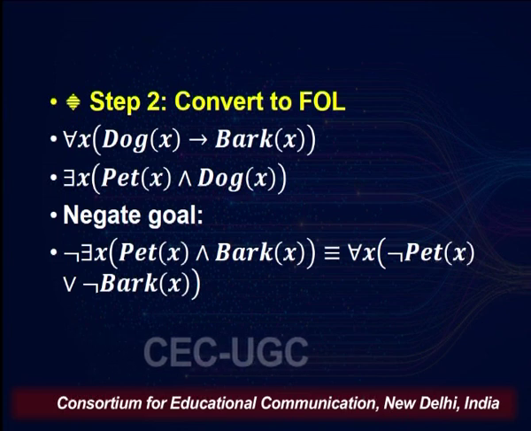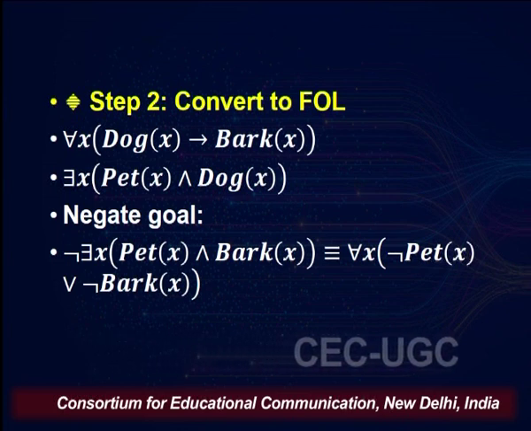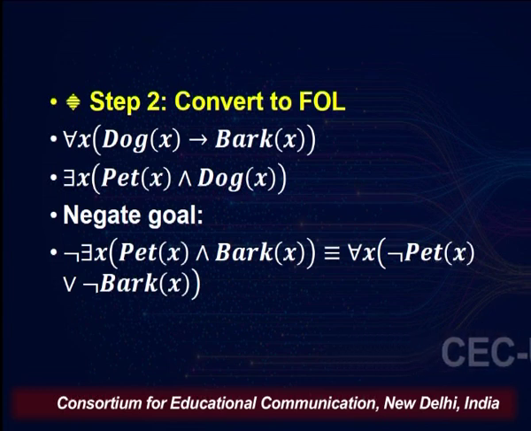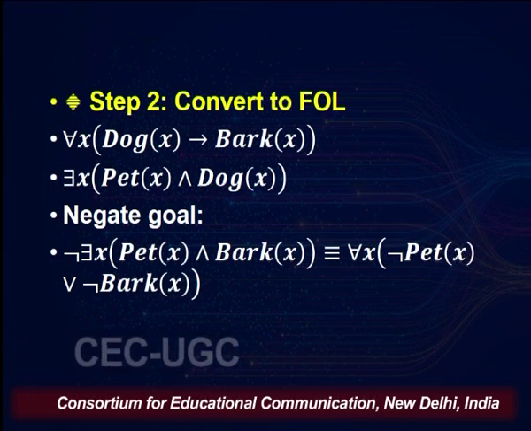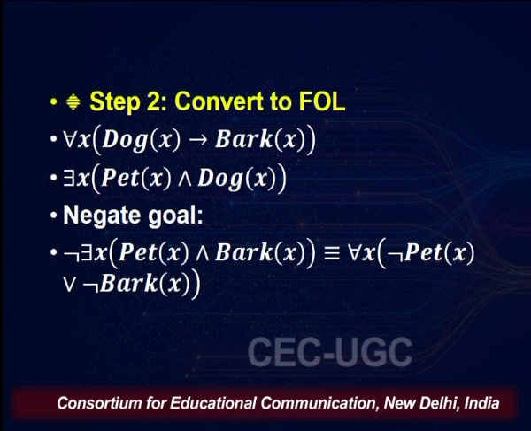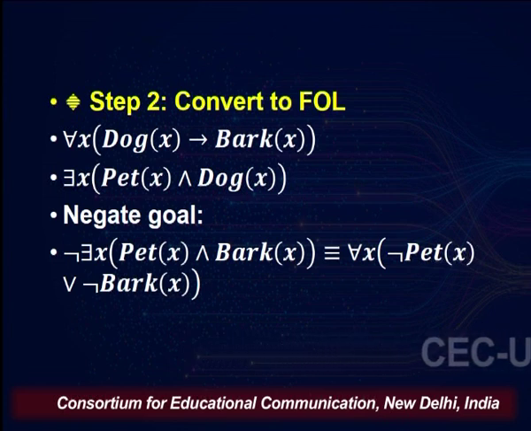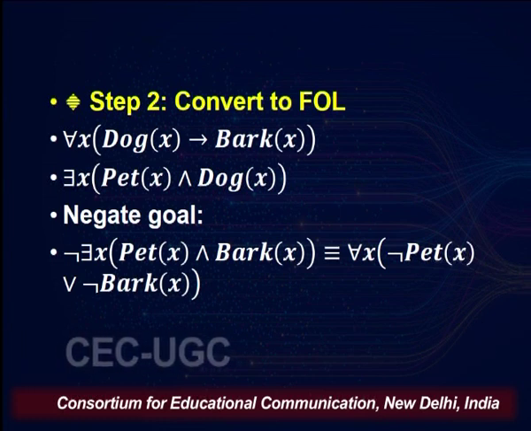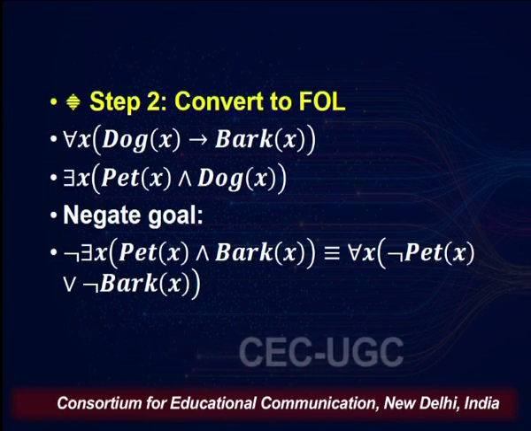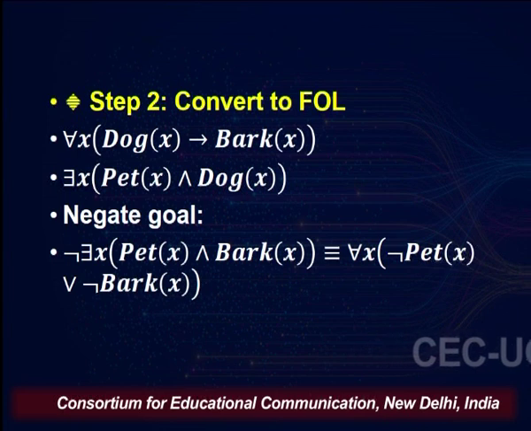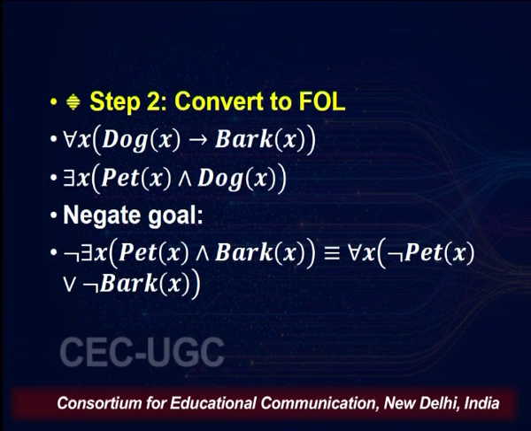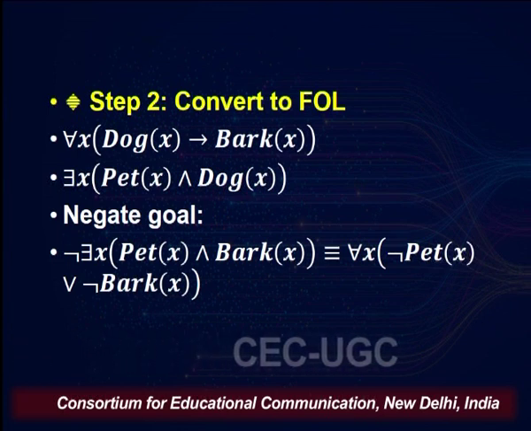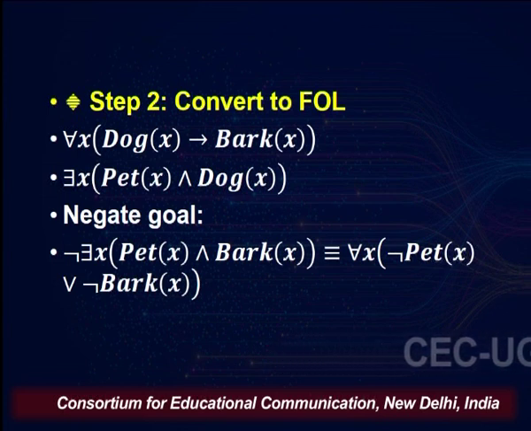There exists x, pet(x) and dog(x) is the conversion of the second. The negated goal is negation of there exists x, pet(x) and bark(x), and when we move the negation inward, it converts the universal quantifier into existential and vice versa. So, ultimately we have for all x, negation of pet(x) or negation of bark(x).